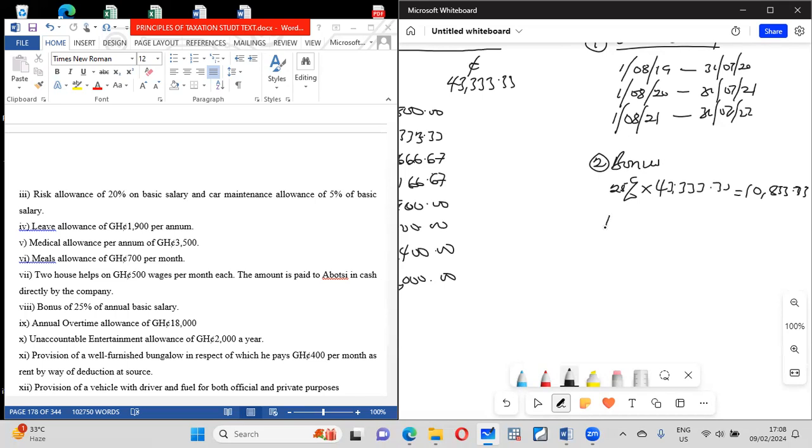So what do we do? We do 15% of the annual amount, right? That is what we do. Which means this man is already taking an excess of 10%. If we were supposed to do 15%, 0.15, that should be 6,499.99.